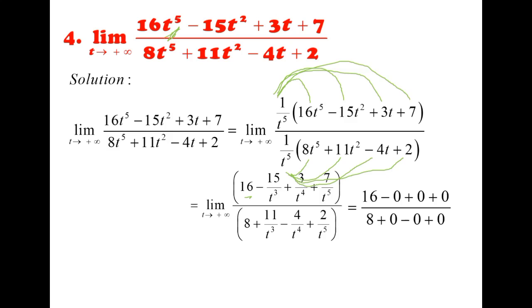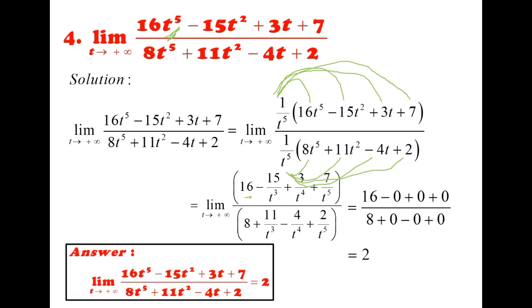The limit of 3 over t to the 4 as t approaches positive infinity is still 0. 7 over t to the 5, its limit is 0. All over, we have 8 plus 0 plus minus 0 plus 0. So we now have 16 over 8, and that is 2.